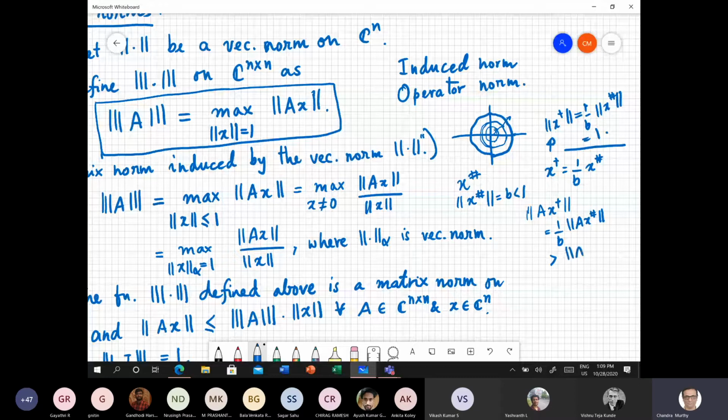Whatever solution you found, I am able to find a solution that beats it. As a consequence, the solution will always occur at a point where norm of x equals 1. So you don't lose anything by maximizing over all x such that norm x is less than or equal to 1. It will always give you the same solution as the earlier optimization problem.